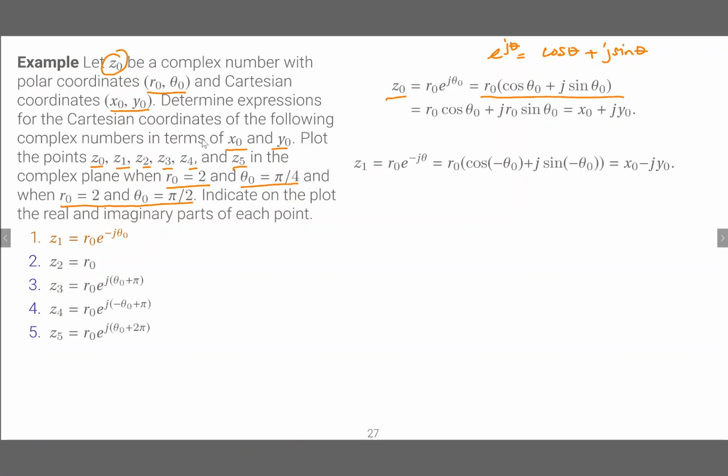So we know what x naught is and what y naught is in terms of r naught and theta naught.